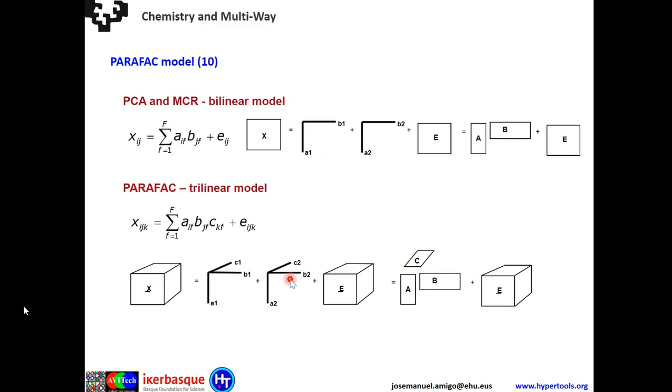But let's say that Parafac will decompose the three-way array into the product of these three matrices that we will call scores of A, scores of B, and scores of C.